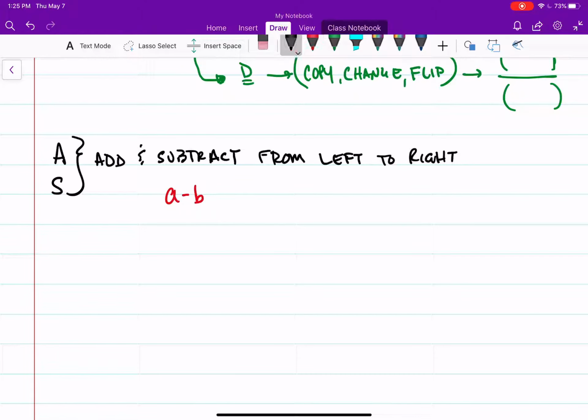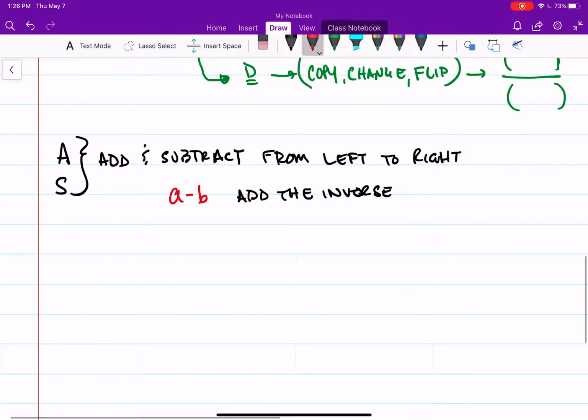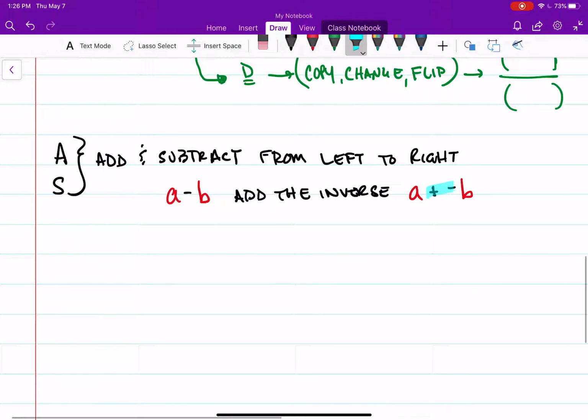And with add the inverse or add the opposite, you'll have A plus a negative B, okay? So the plus negative is the same as subtraction.